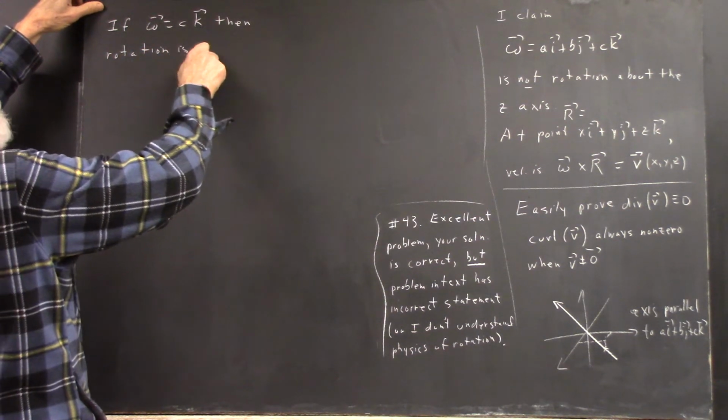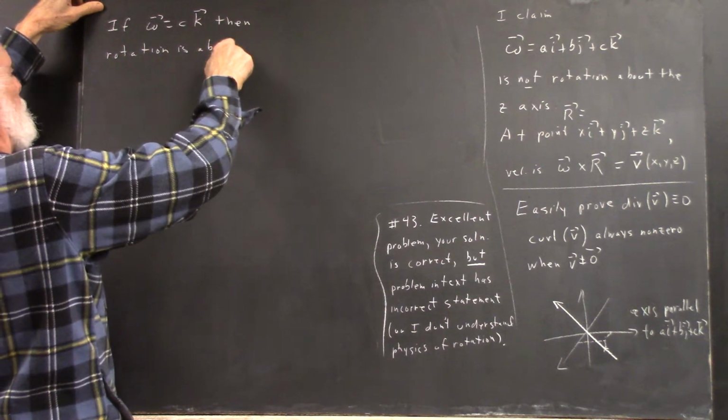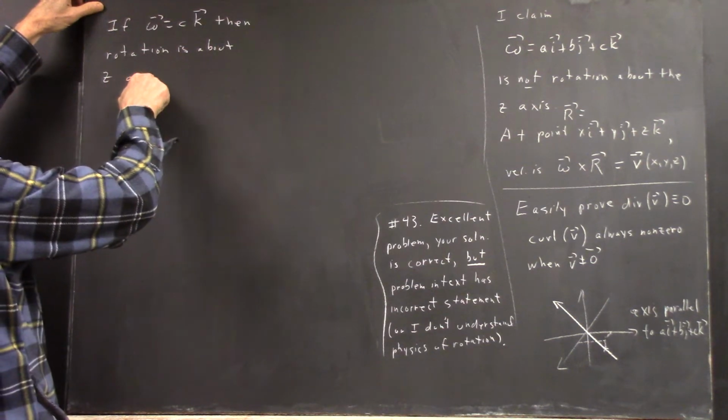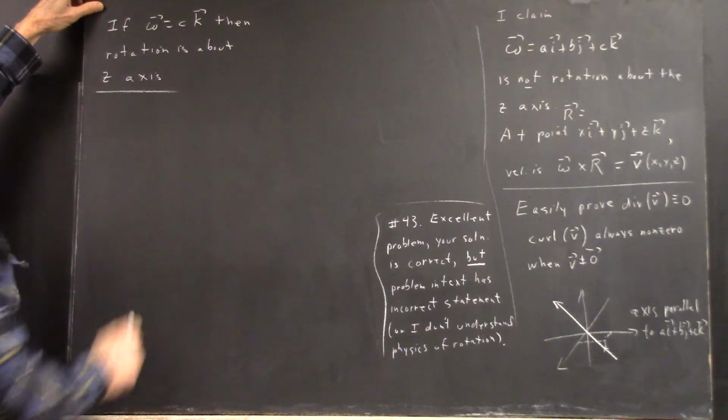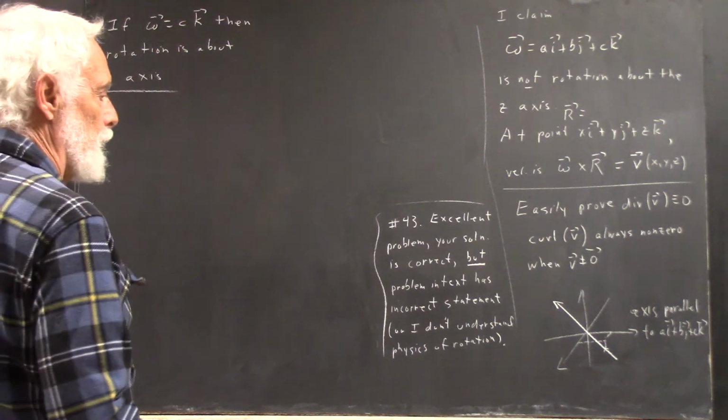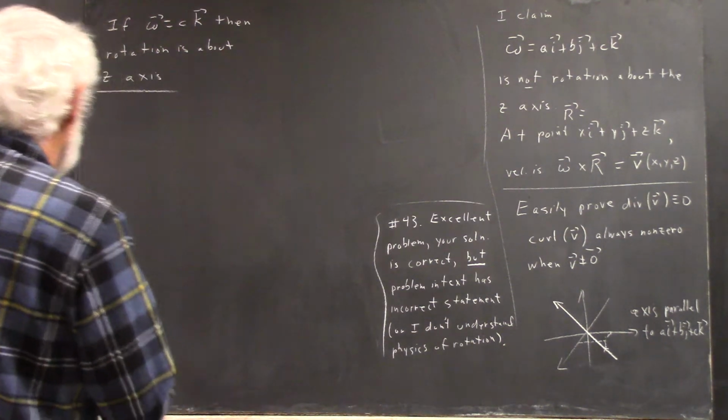So first, if omega equals ck, then rotation is about the z-axis.